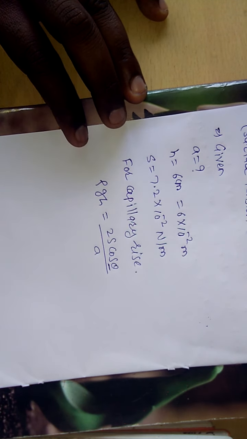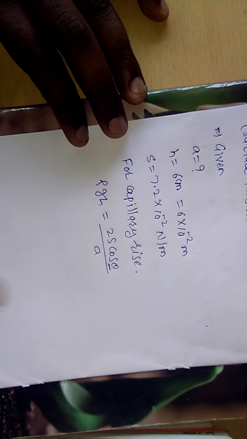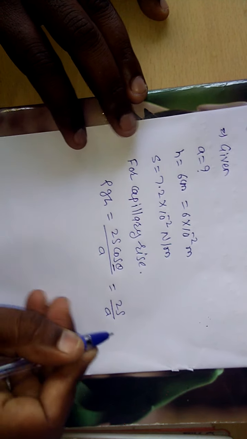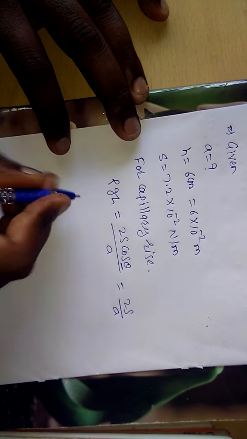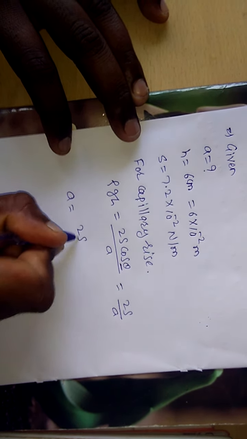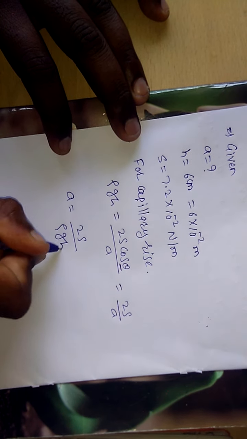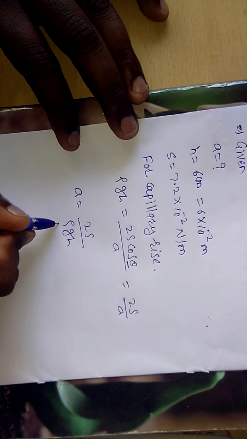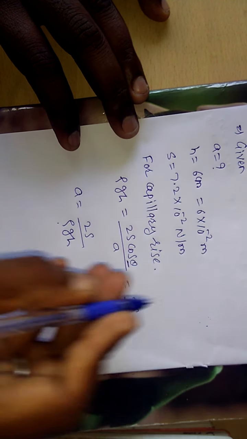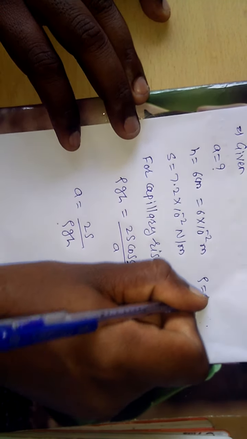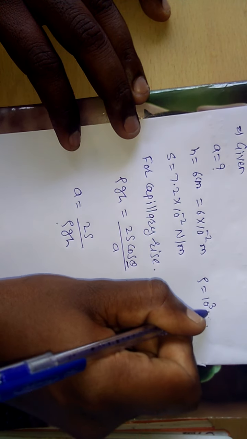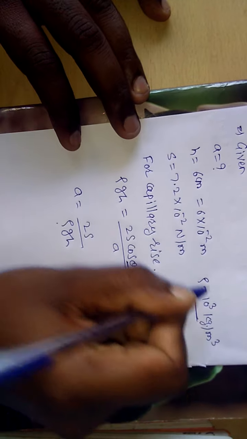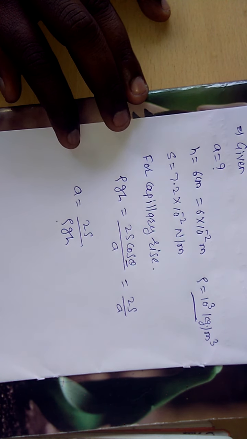Obviously they are not giving a theta, means the theta is 0, then it becomes 2s by A. Then we have to find out A. Therefore, taking cross multiplication, A is equal to 2s divided by rho g h. Then rho is the density. What is the density of water? Density of water, rho is equal to 1000, that is 10^3 kg per meter cube. This is not given, but this is the fixed value.